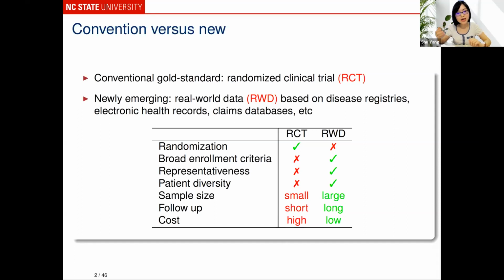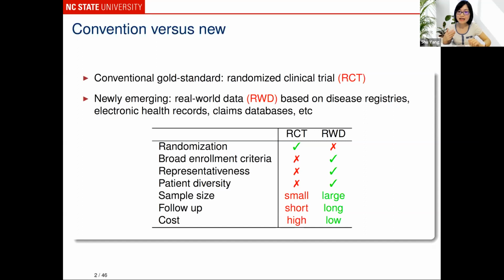And it is rich in patient diversity, it is large in sample size, follow-up is usually very long, and the cost is low. But the key limitation in using RWD for causal analysis is due to lack of the randomization of treatment, right? Because in real-world settings, a patient or physician chooses the treatment by their preferences or experiences. So different treatment groups may not be comparable.